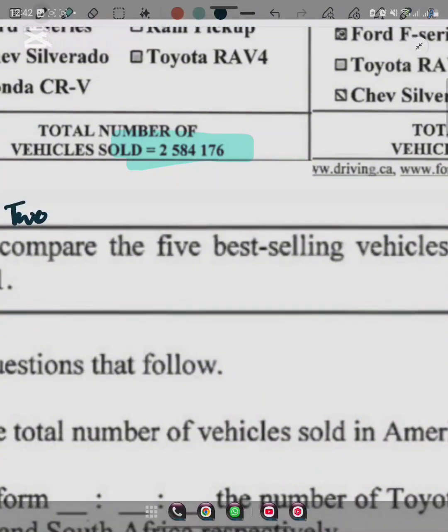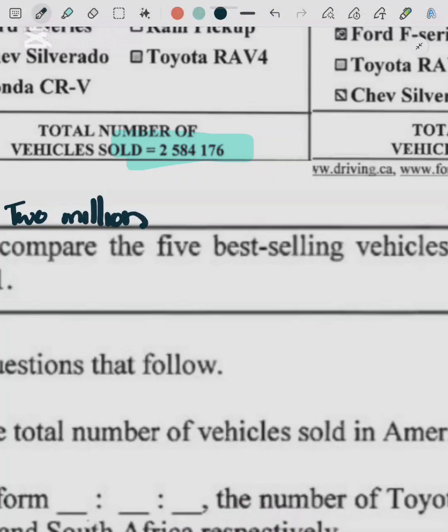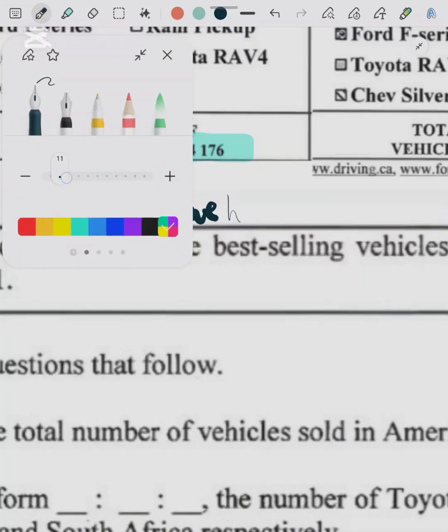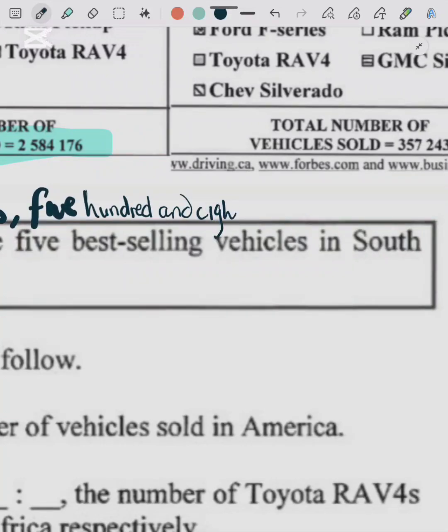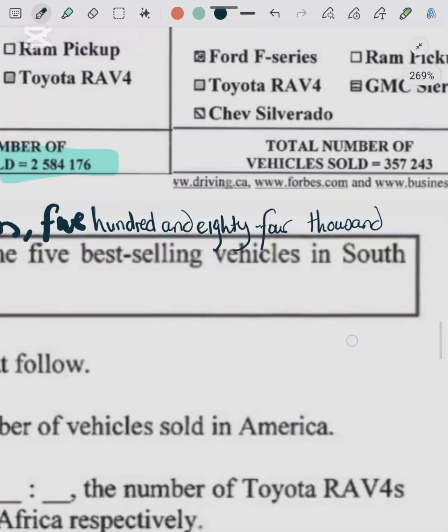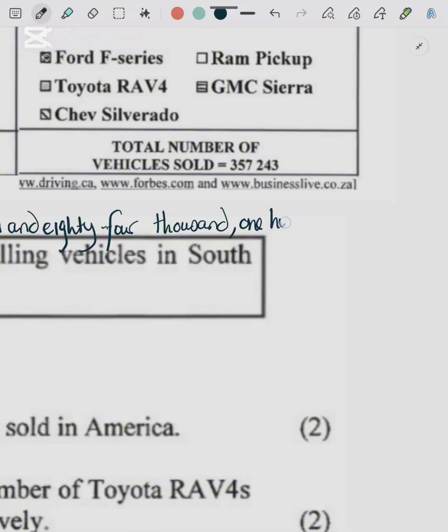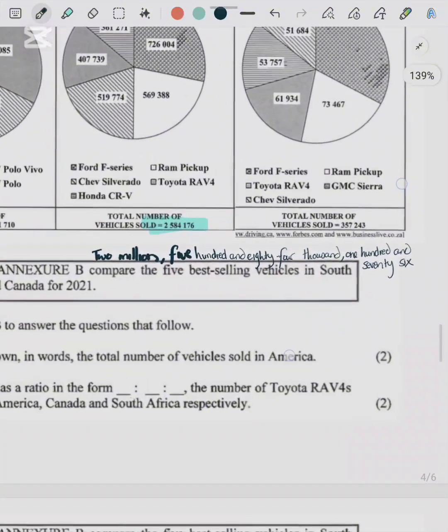So it would be 2,500,000, 584,000, 176. And you just write it out in full over there.